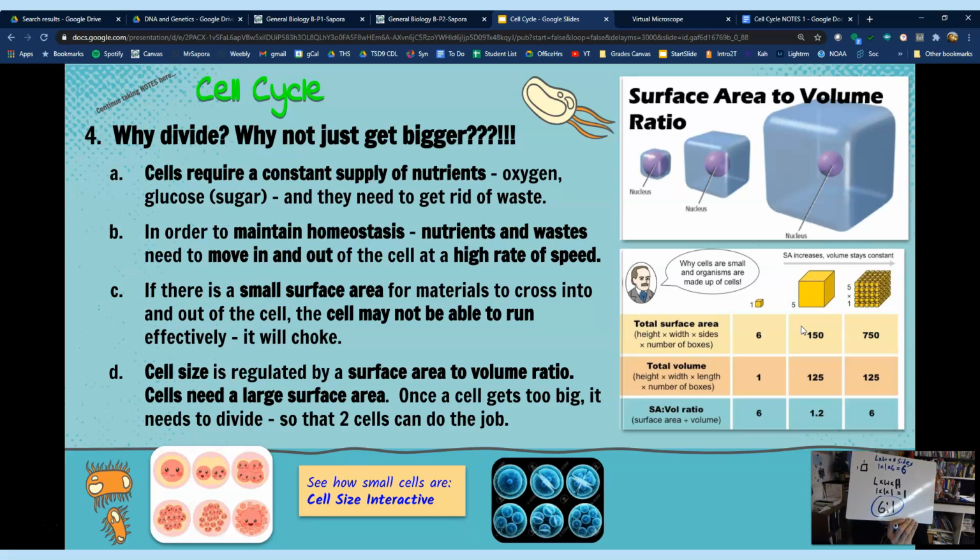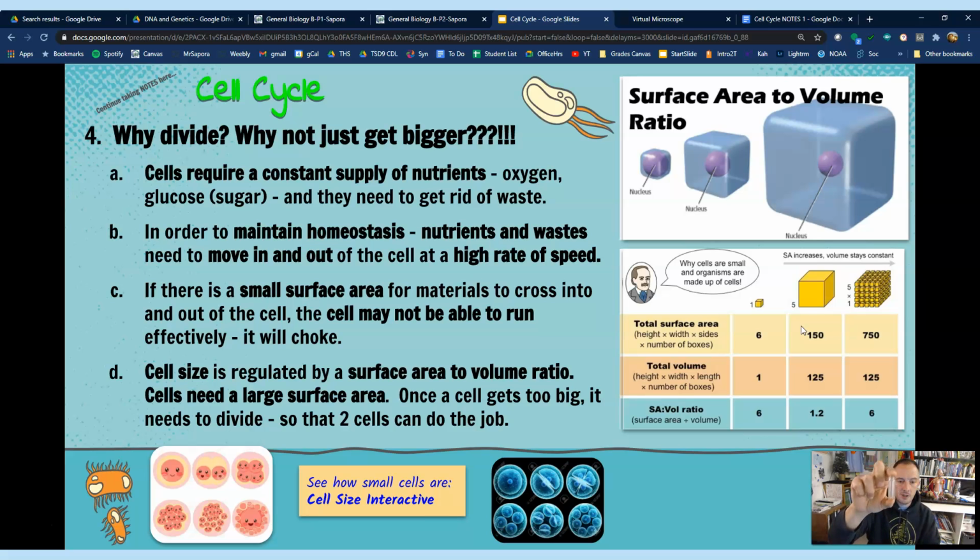Surface area is much higher, 6 times higher than the volume. So there's a lot more surface area than there is volume, right? 6 to 1. So in this situation, small is good. You've got more surface area. If I've got a little bottle here like this, the amount I could fit in here is pretty small compared to the amount of area on the outside.